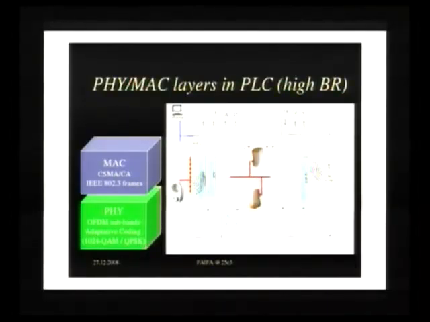So if I go a little bit more into detail about the physical and MAC layer, at the physical layer they are using OFDM, orthogonal frequency division multiplexing. That's the one technology that we can find in most network technologies like DSL, Wi-Fi 802.11g, WiMAX, and so on. And there is an adaptive coding depending on the quality of the channel.